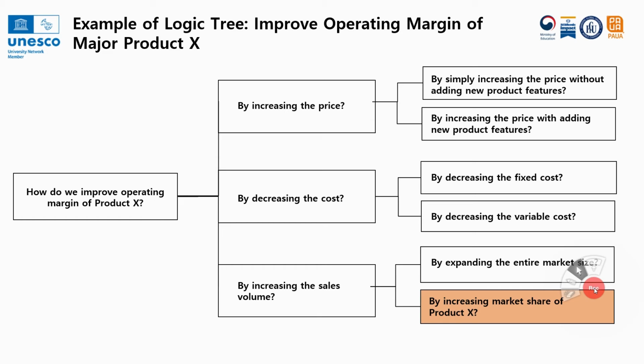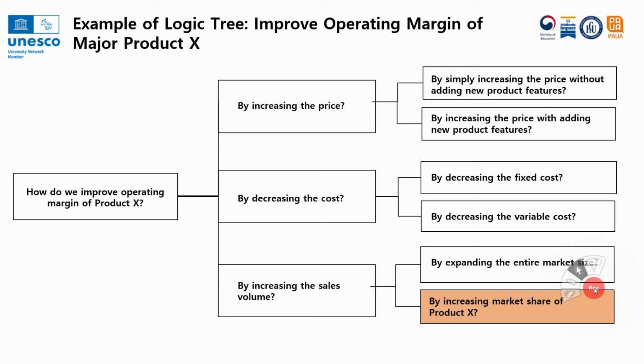So in order to improve operating margin of product X, we have to look at those quite different cost categories, fixed cost and variable cost. And let's have a look at option number 3, increasing the sales volume. One way of increasing the sales volume is expanding the entire market size.